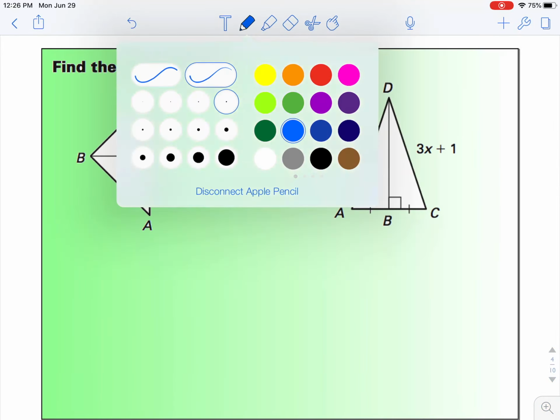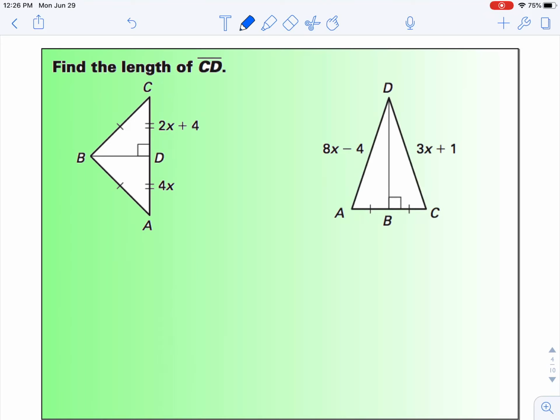It says find the length of CD. So they want us to find the length of CD. That's this piece right here, and in the second example, it's this piece right here.